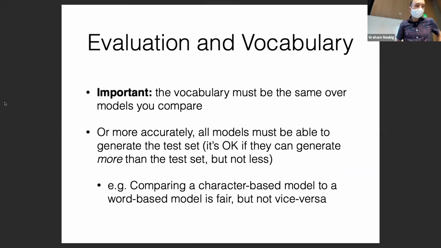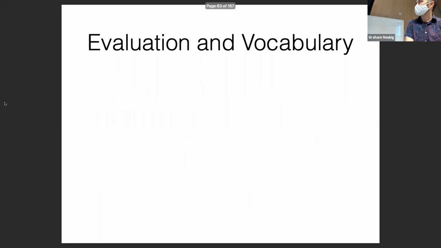Basically, if a subword-based model is able to generate any sentence in the language, then it's okay to compare a subword-based model and a character-based model because they both have the ability to generate the same sentences. So in technical terminology, they both have the same support.